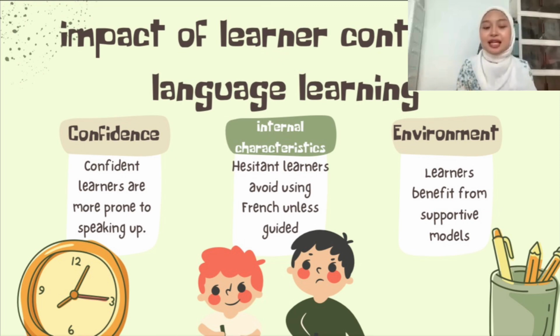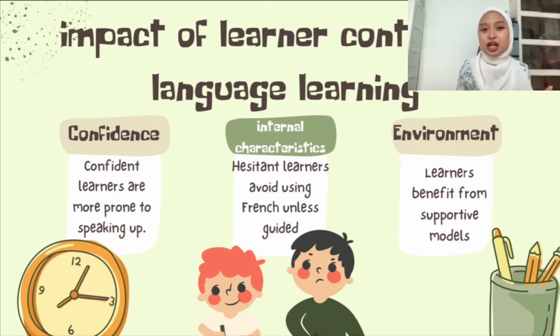In this case, the learner context had a clear impact on bilingual development because the children, as sequential bilinguals, show fluency in both English and French. And they also show good engagement in classroom tasks in both languages.